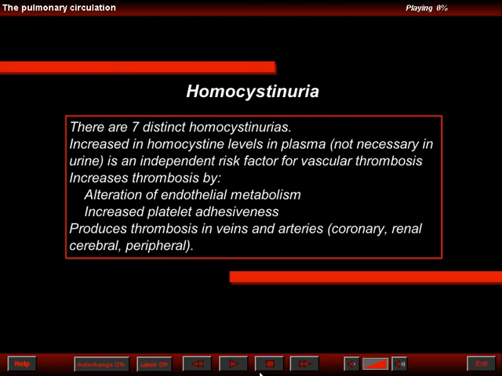There are 7 distinct homocystinurias. Increased homocysteine levels in plasma, not necessarily in urine, is an independent risk factor for vascular thrombosis. It increases thrombosis by altering the endothelial metabolism, increases platelet adhesiveness, and produces thrombosis in venous and arterial systems, in the arterial tree, the coronary, the renal, the brain, and peripheral.